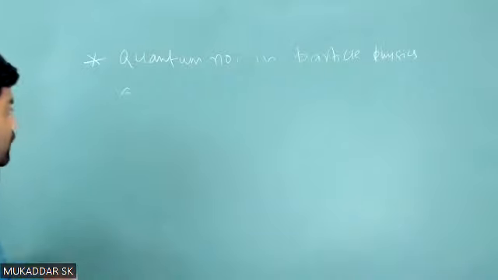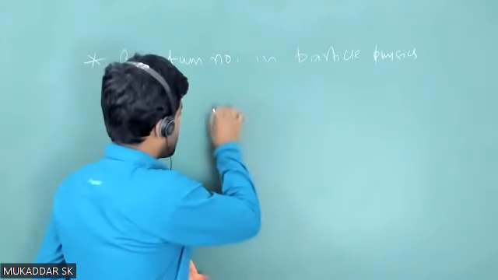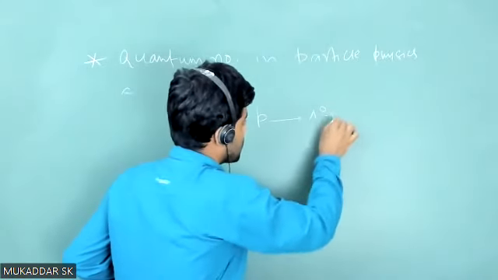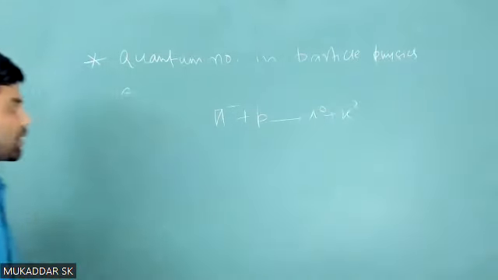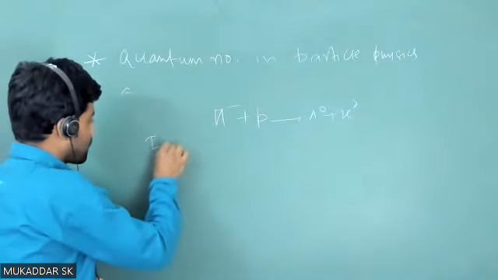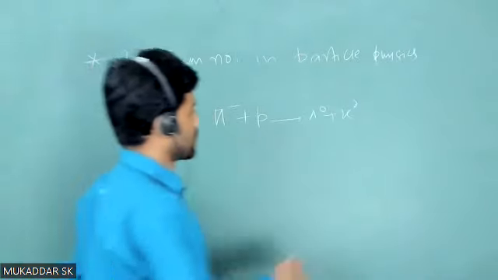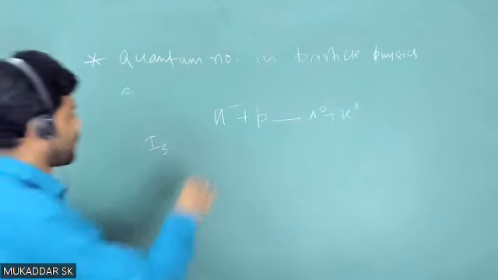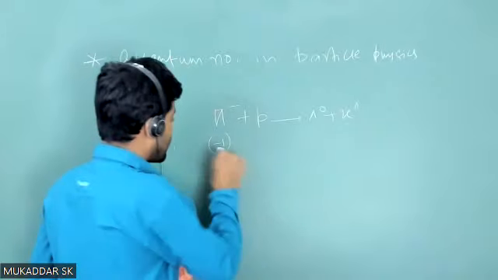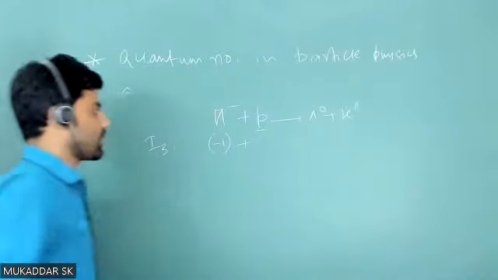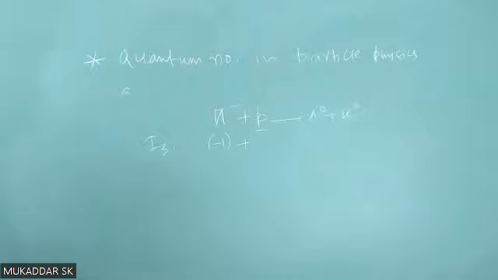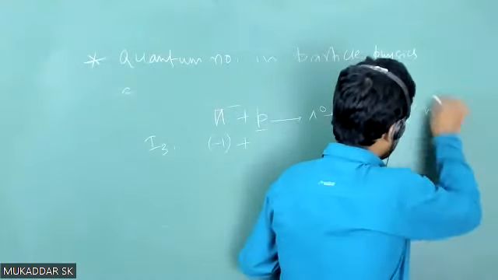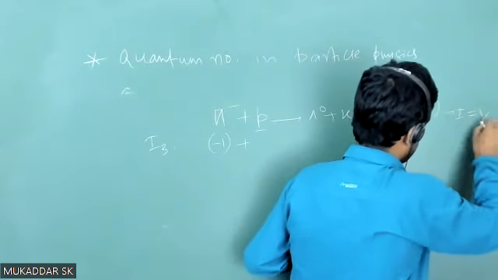Suppose you have an example. If I take example, है ना. अब जरा बताओ, इसी को लेते हैं: पाई माइनस प्लस प्रोटॉन गोज टू लैम्डा 0 प्लस K0. जरा बताओ इसमें I3 कंजर्व्ड है या नहीं. सो इफ यू सी, पाई माइनस के लिए कितना हो जाएगा, -1 हो जाएगा. पाई प्लस का I3 कितना हो जाएगा. सो इफ यू रिमेम्बर, वी हैव ए ग्रुप प्रोटॉन एंड न्यूट्रॉन, इनके लिए I कितना था, हाफ था, राइट.